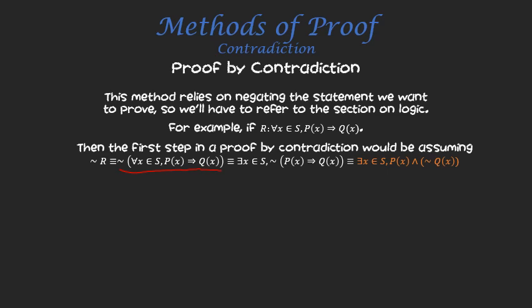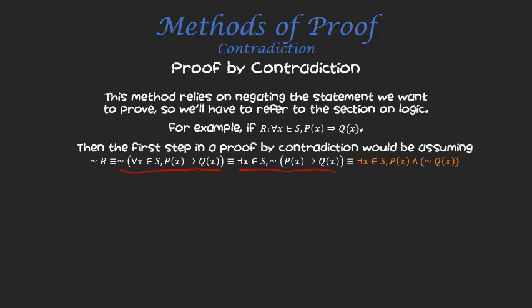Negating universal statements. In this case, that would be an existential statement that would look like this. There exists x in S such that it is not the case that P(x) implies Q(x). Well, if it's not the case that P(x) implies Q(x), remember that we can rewrite P(x) implies Q(x) as a disjunction, and then we can negate that. So you might have to look back at that first chapter to remember how to do this.